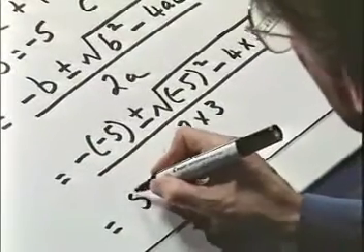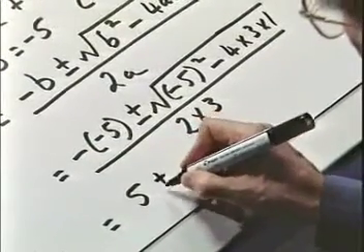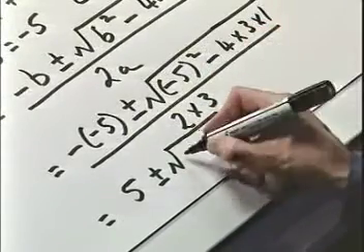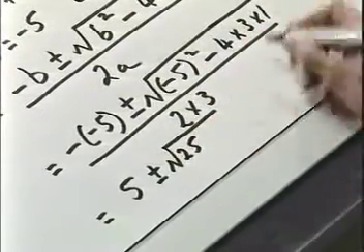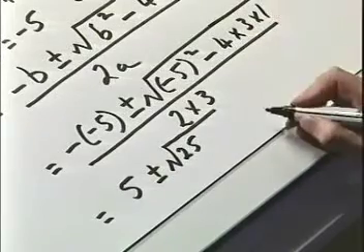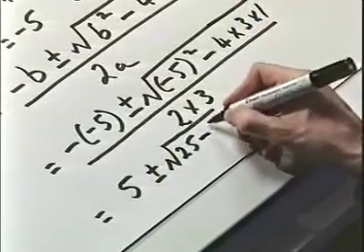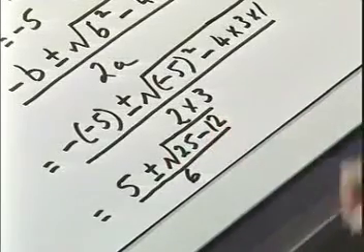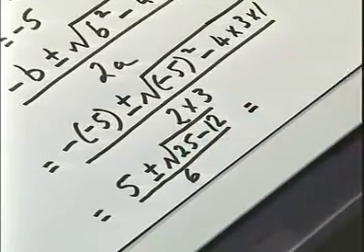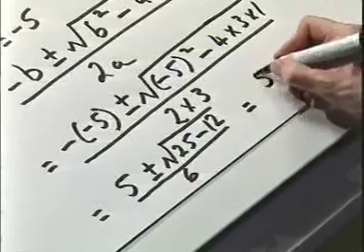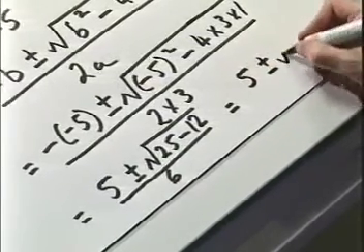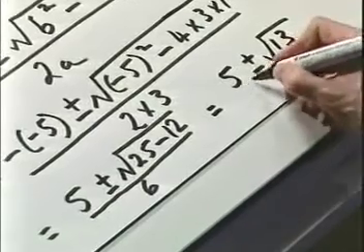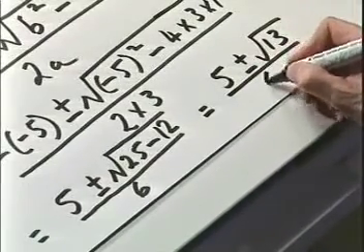Minus -5 is +5, plus or minus the square root of. Now, -5 all squared is 25. 4 times 3 times 1 is 12, and the minus sign is -12, all over 6. And so we just squeeze that one into this space here. We have 5 plus or minus the square root of 25 minus 12, which is 13, all over 6.